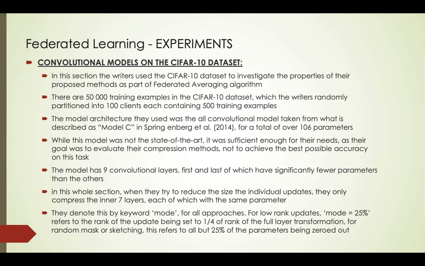While this model was not the state of the art, it was sufficient for their needs, as their goal was to evaluate their compression methods, not to achieve the best possible accuracy on this task. The model has 9 convolutional layers, first and last of which have significantly fewer parameters than the others.